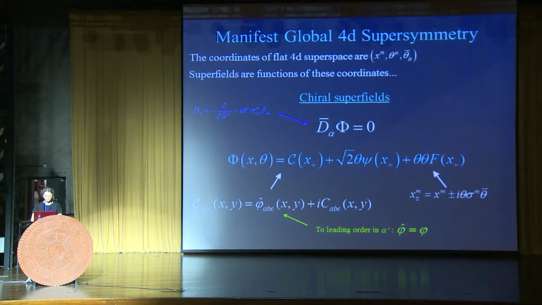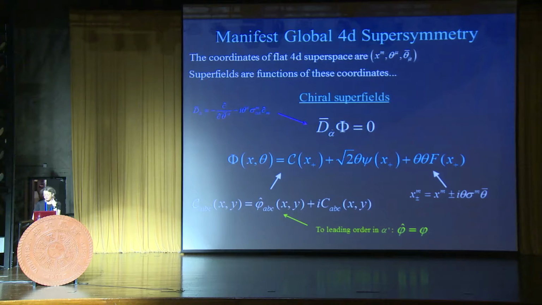Now, the bottom component is something that I call phi hat here, phi hat plus i c, the 3-form with indices on the internal space. This object phi hat, to leading order in alpha prime, will be our calibration, will be phi, but to higher order in alpha prime, we will need corrections, as I'm going to explain.